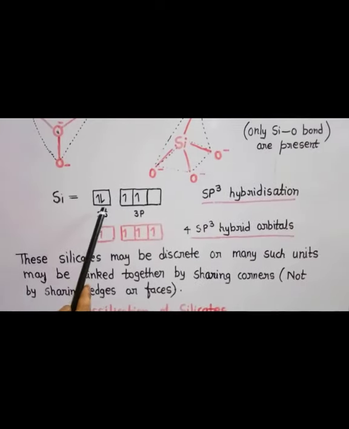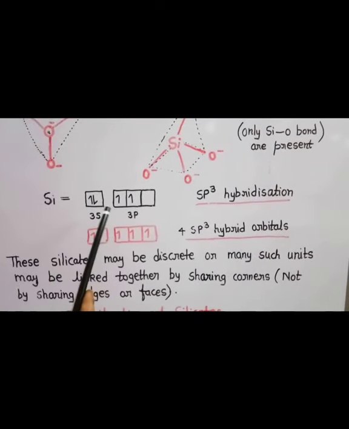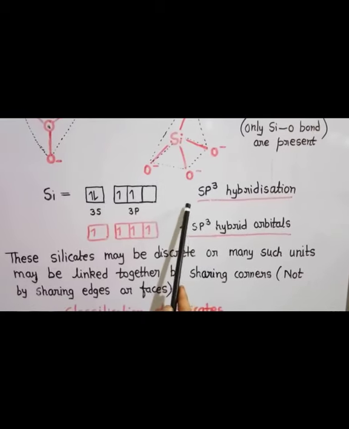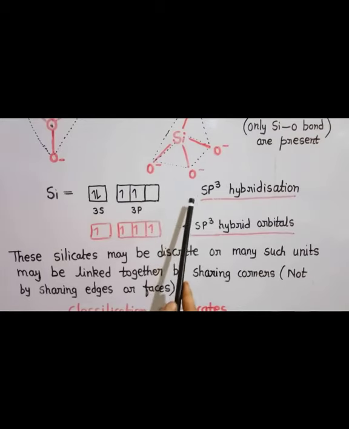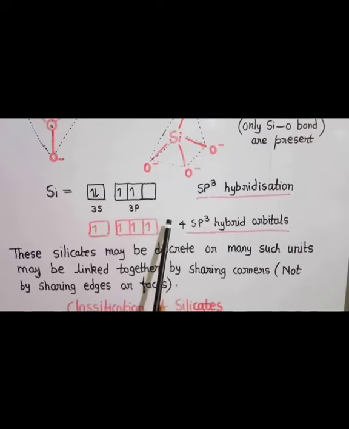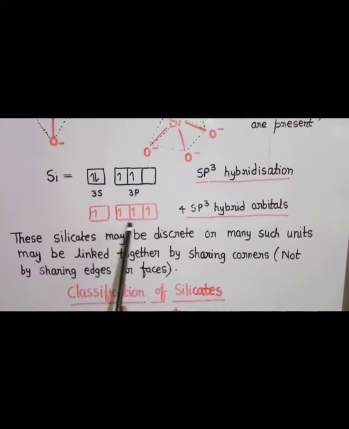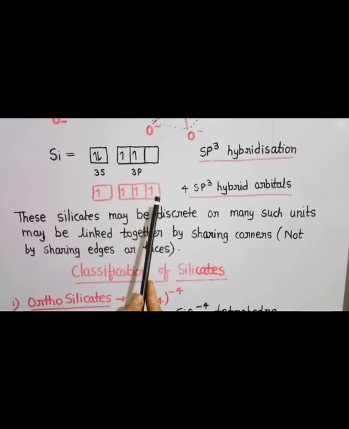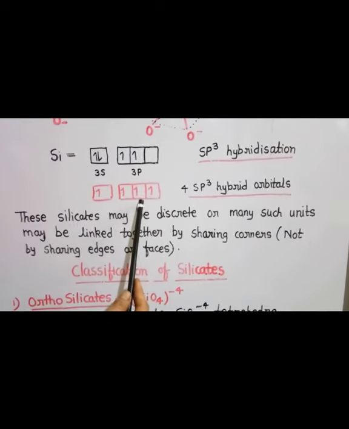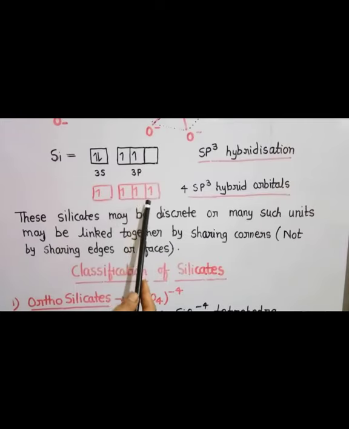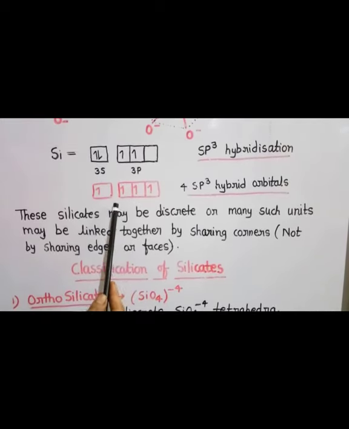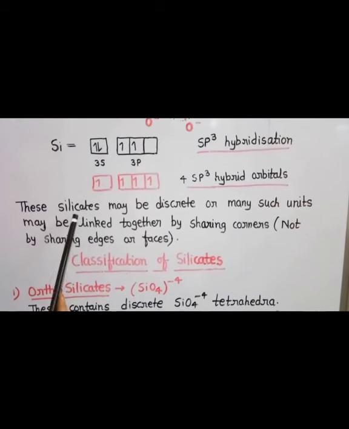In the 3s orbital there are 2 electrons, and in the 3p orbital 2 electrons in 3px and 3py. Hybridization arises when 1 electron from the 3s orbital shifts to the 3pz orbital, giving 4 empty orbitals. When 4 oxygen atoms join with each orbital, we get sp3 hybrid orbitals. So in silicates the hybridization is sp3 and the structure is tetrahedral.